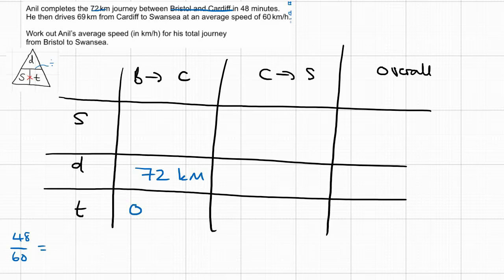That is 0.8 hours. Then he drives 69 kilometres from Cardiff to Swansea, at an average speed of 60. Okay, so that's all the information I can get from the question.